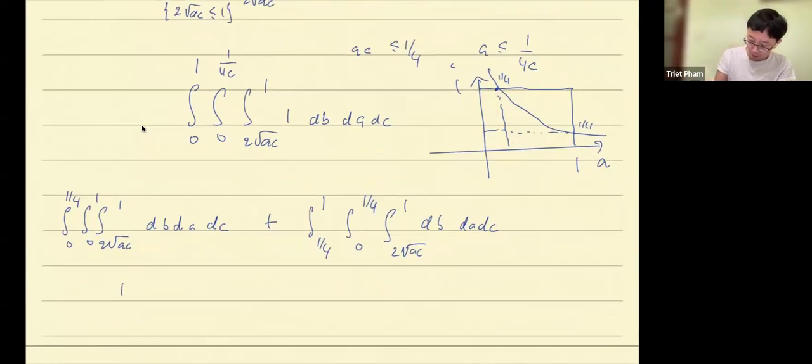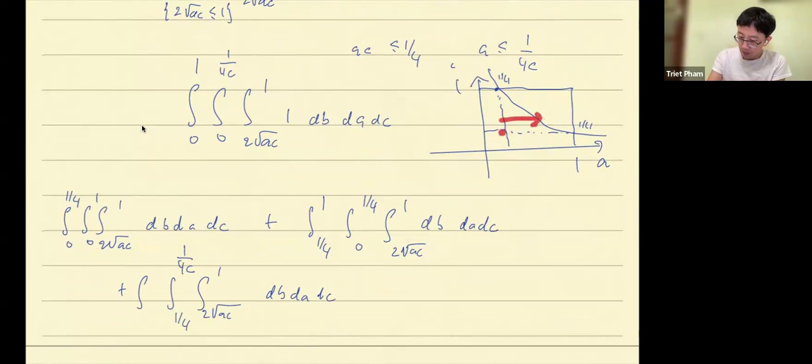It will be square root of 2AC to 1, dB dA dC, so A runs from a quarter to 1/4C, and C runs from a quarter to 1. Okay.